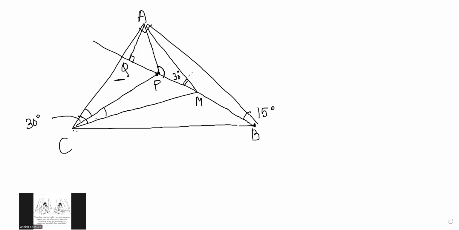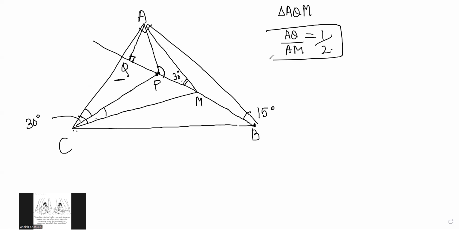So if this is 30 and this is 90, in the triangle AQM, I can say perpendicular by hypotenuse, sine 30, right? So I can say AQ by AM would be half, right? By basic sine theta in this triangle. So we are getting AQ is equal to AM by 2.